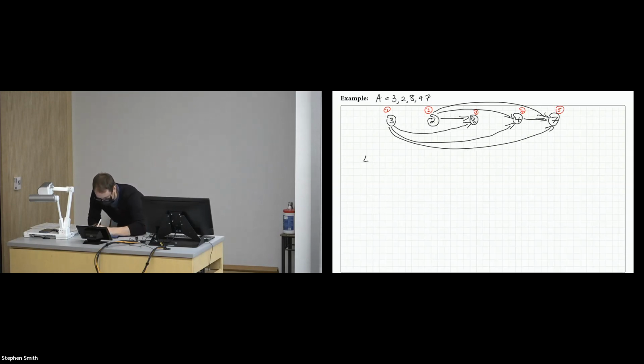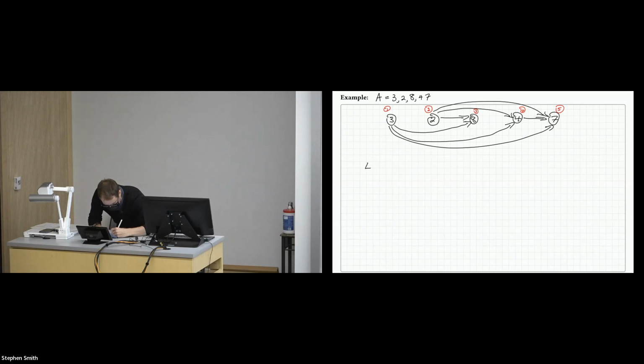It begins by solving L_1, the longest increasing subsequence ending at 3, at the first vertex. It's just going to be 1 plus the max of the empty set because it has no incoming edges. So that's 1. L_2 is 1 plus the max of the incoming edges, but the second vertex also has no incoming edges.